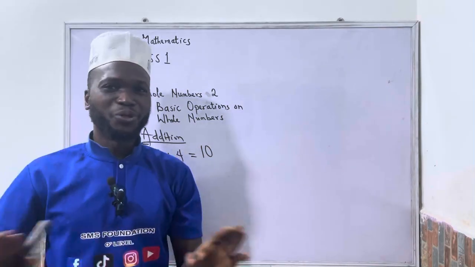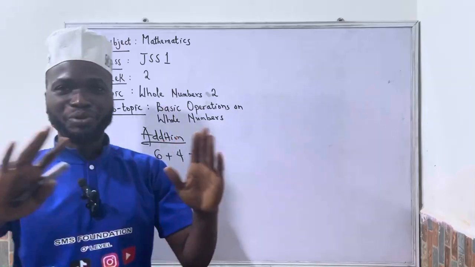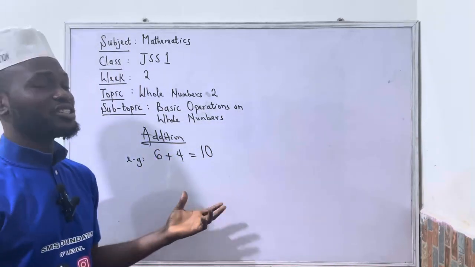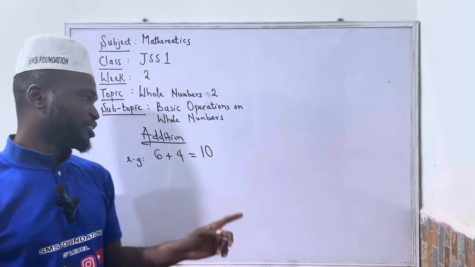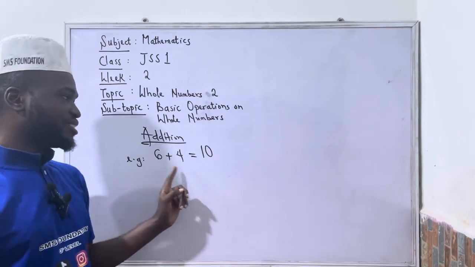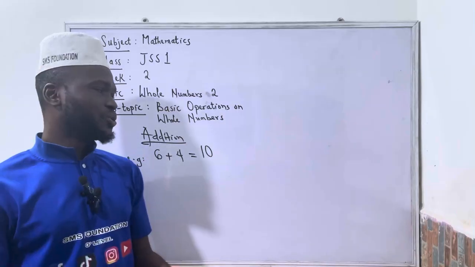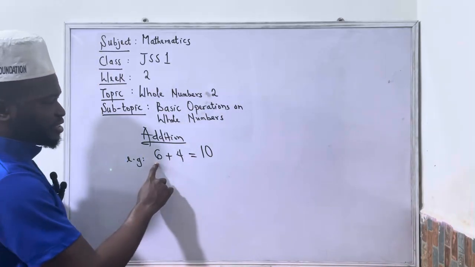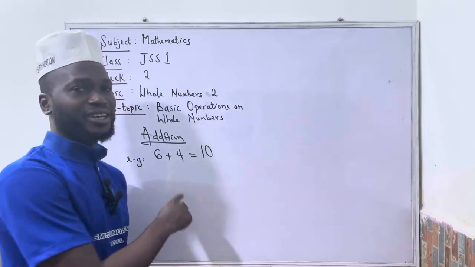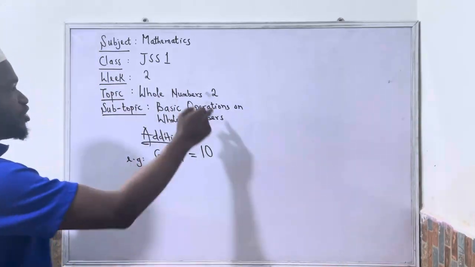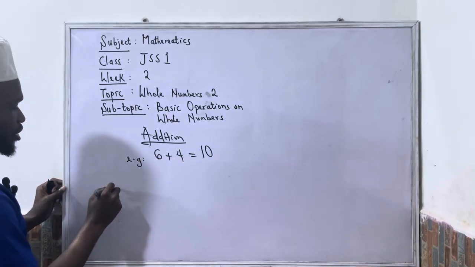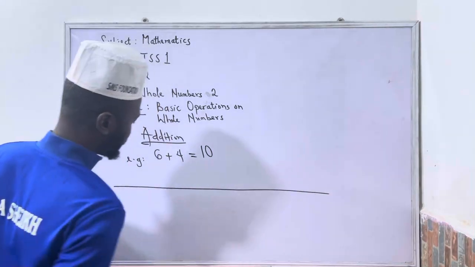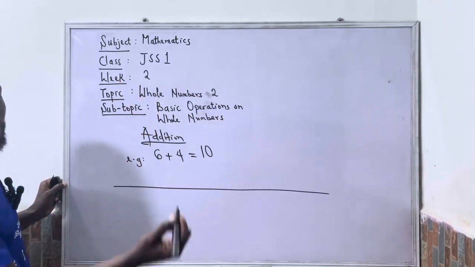So that's the most basic kind of addition you can have at this level. As a GSS1 student, you should not even be expecting this in your exams. But however, I still need to show you how this looks on a number line. Let's draw a number line for whole numbers. Whole numbers begin from 0.